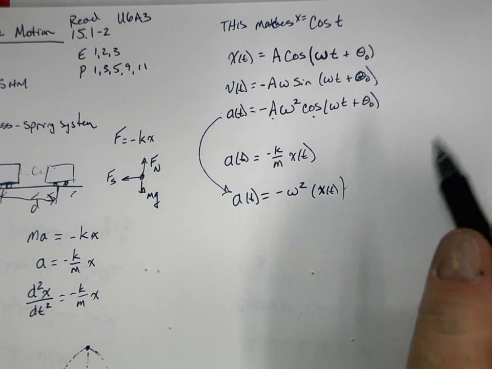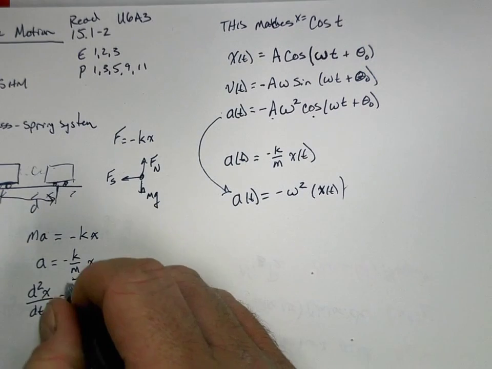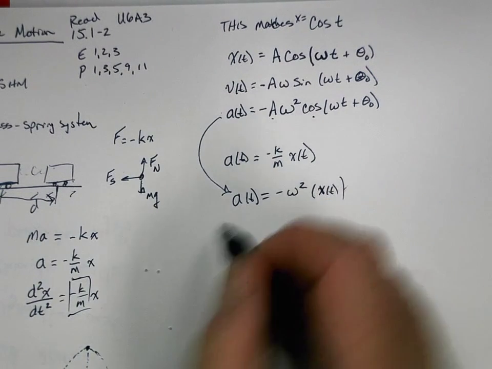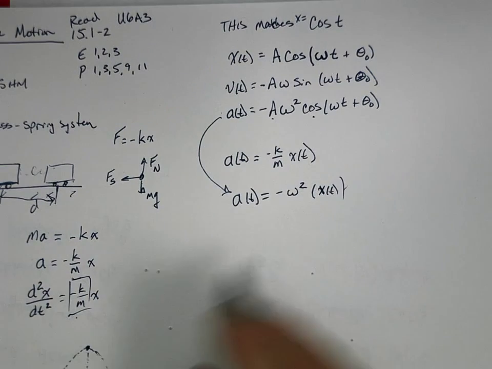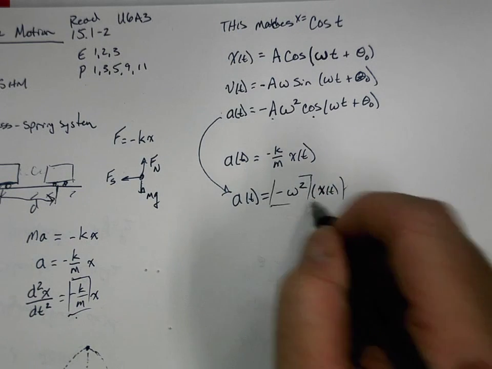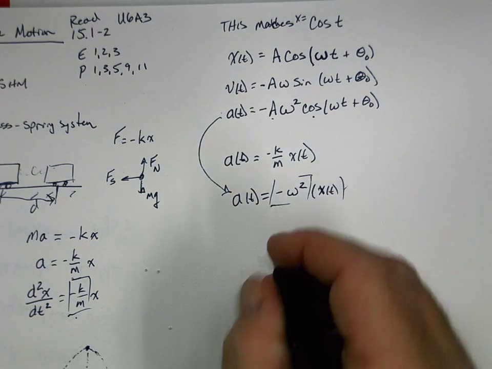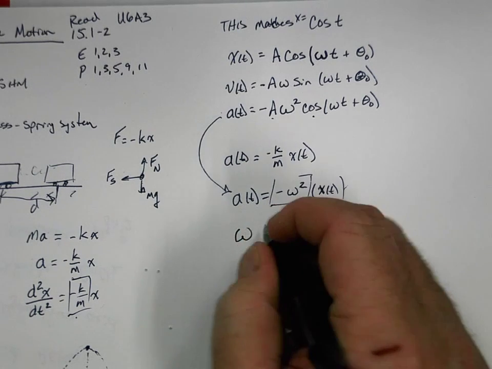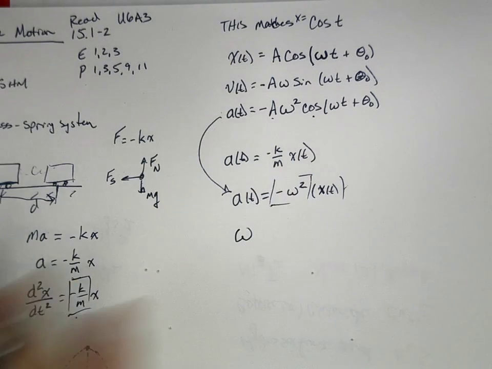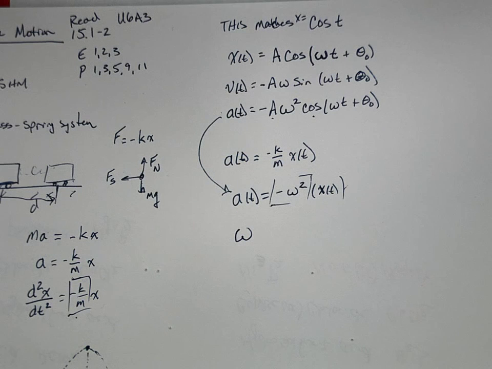Okay, and so what happens is, look at that. Our negative k over m and negative omega squared fit the same place. And so our angular, in radians, this has to be done in radians, by the way. This calculation only works in radians, not regular degrees, only radians.